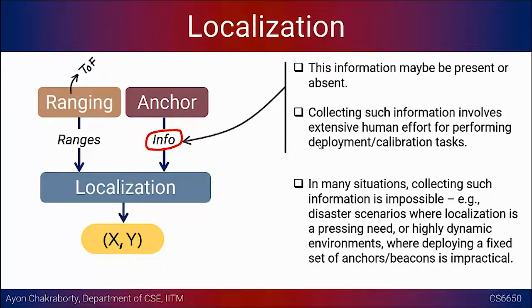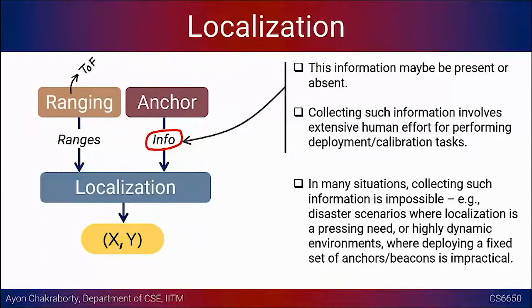Apart from that, you also need to mark the location of the anchors in the coordinate reference frame where you are deploying them. You have to define an origin, which is 0, 0, and then do all the measurements and place the anchors at a certain location and know the coordinates of that location. And if you are doing it in 3D, it becomes more and more challenging, because you have to keep track of the third dimension also.